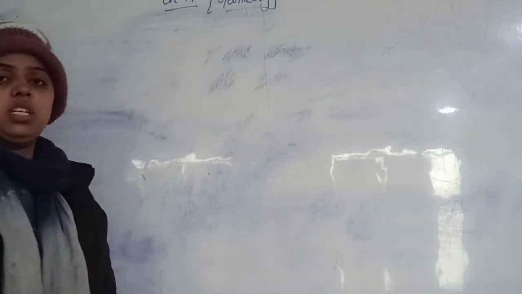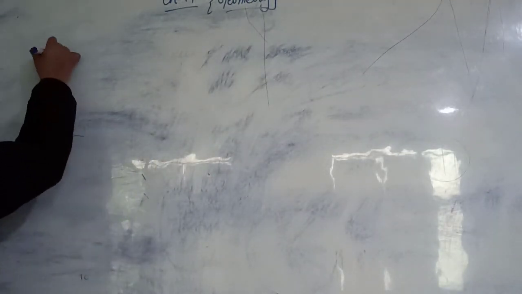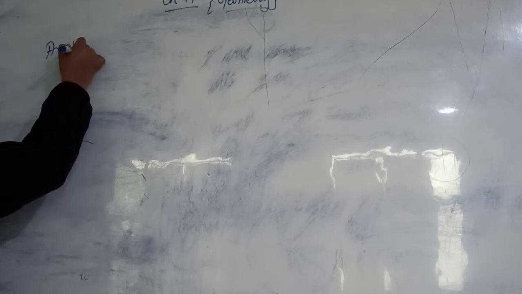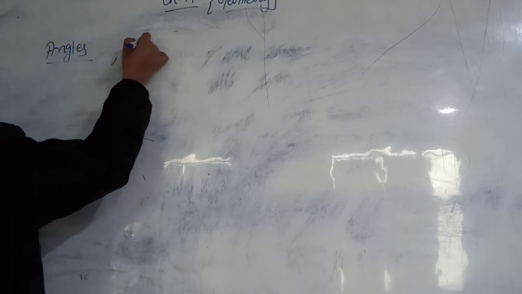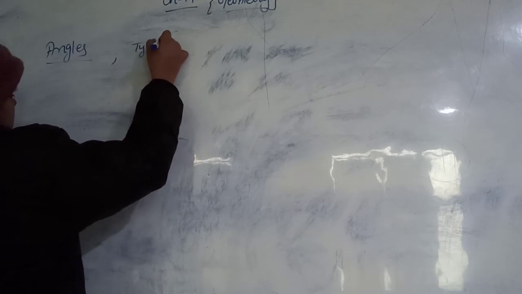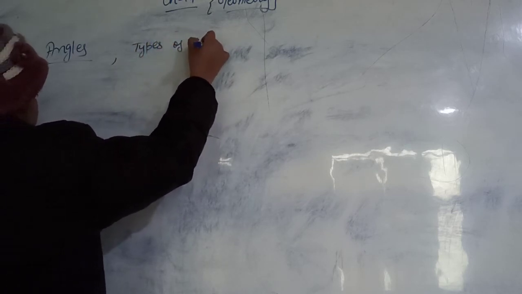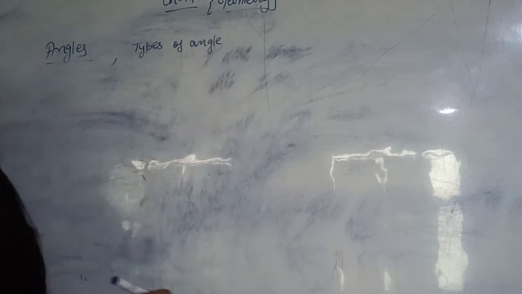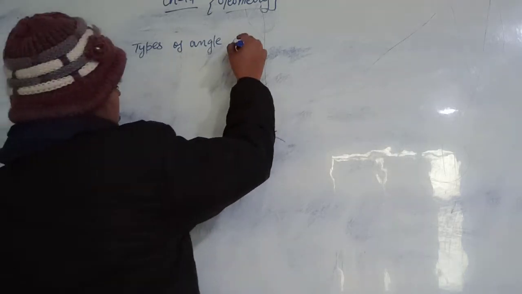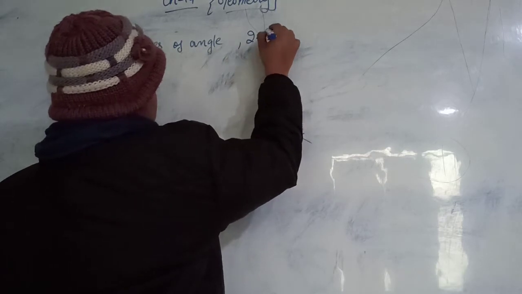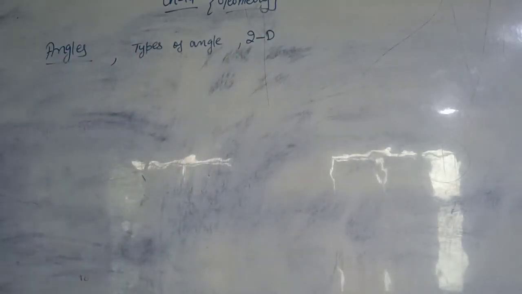In this chapter 14, yesterday we discussed angles, right? About types of angles: how many types of angles are there? Acute angle, right angle, obtuse and straight angle. After that, we discussed 2D shapes, which have two dimensions, that is length and width.